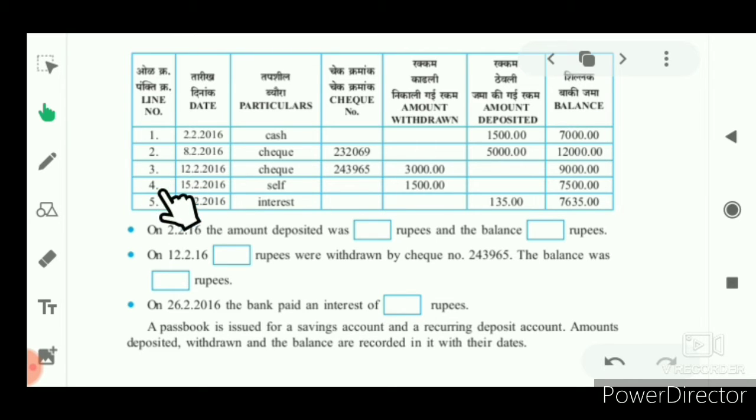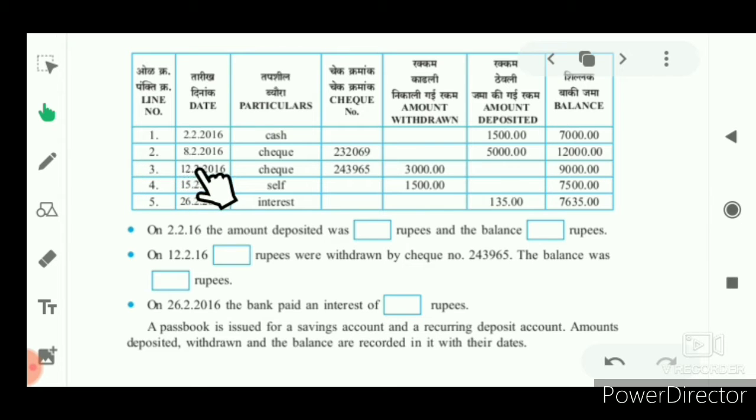Okay, so here is a sample passbook of one person. This is the serial number, then this is the date. So this shows that on the date 2 Feb 2016, the amount 1500 cash is deposited to the account, and the total balance is 7,000.